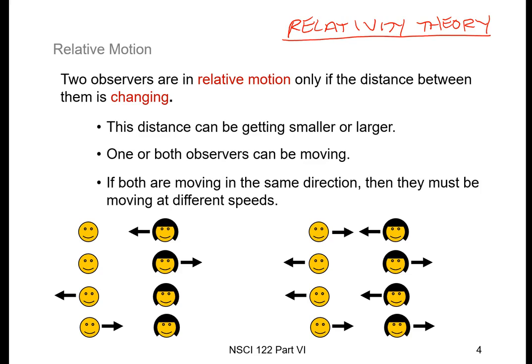The amount of energy an object has, kinetic energy. So one observer is measuring all these things for some object, yes? The other observer is also measuring the quantities for the same object. What a relativity theory will do is relate those quantities to each other.